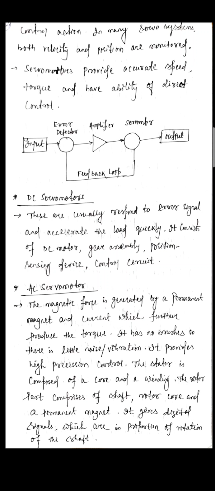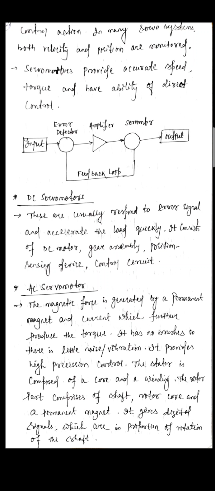In the AC servo motor, the magnetic force is generated by the permanent magnet and current, which further produces the torque. It has no brushes, so there is less noise or vibration.